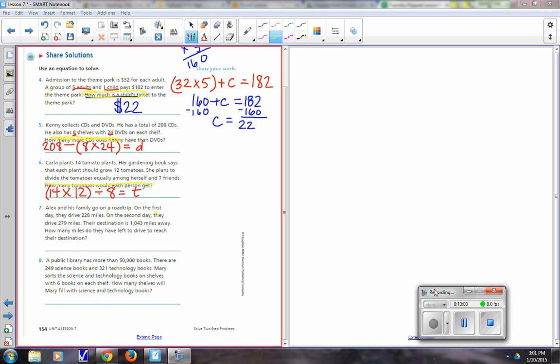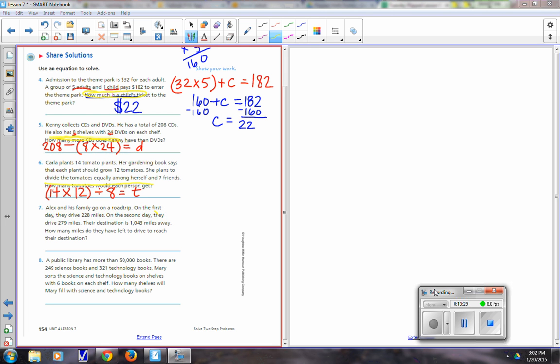So you need to also come up with an equation on this one. So you're going to need to find out how many books total you have first. Then you need to divide them out, 6 books per shelf, to find out how many shelves total you will need. So I kind of talked you through that. If you need to hear it again, you can hear it again.